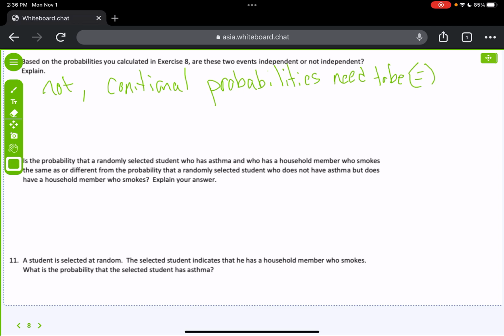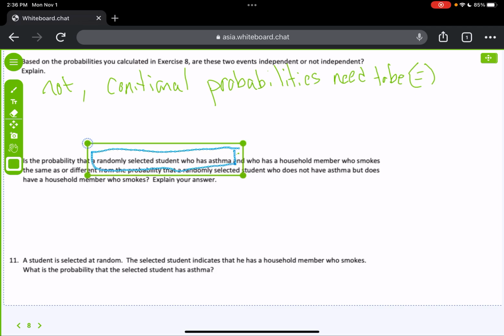Now, is the probability that a randomly selected student who has asthma and who has a household member who smokes the same as or different from the probability that a randomly selected student who does not have asthma but does have a household member who smokes? Okay, that's a lot going on. So let's look at them again. A randomly selected student has asthma.